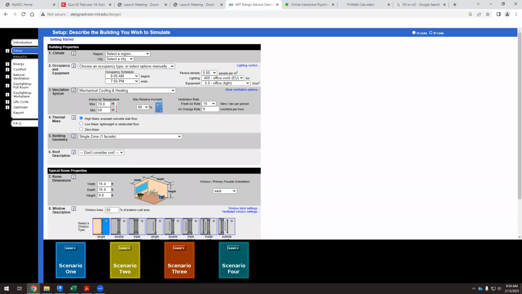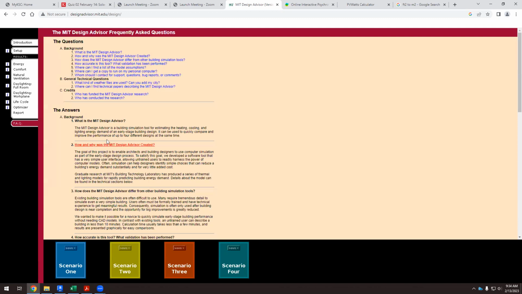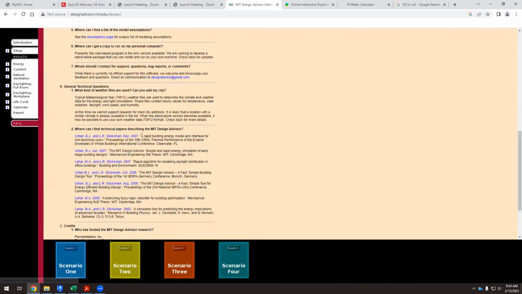Okay, the ventilation system, good. One of the things that they make perfectly clear in these questions is, where can I find a list of the model assumptions?